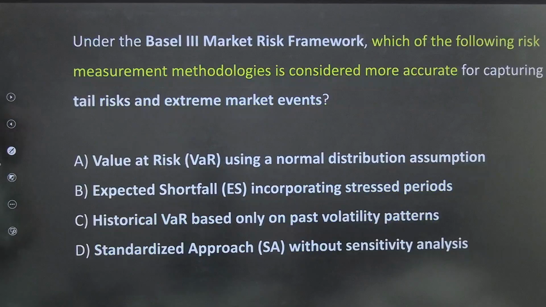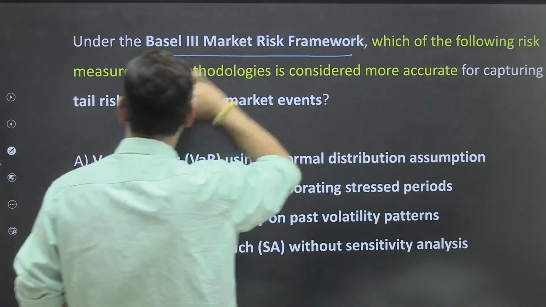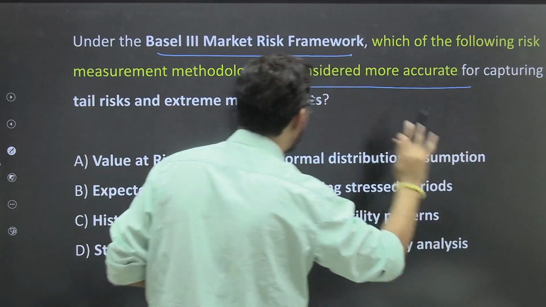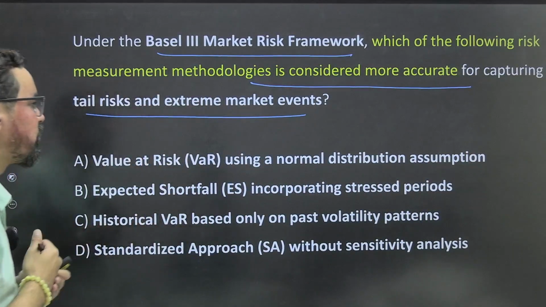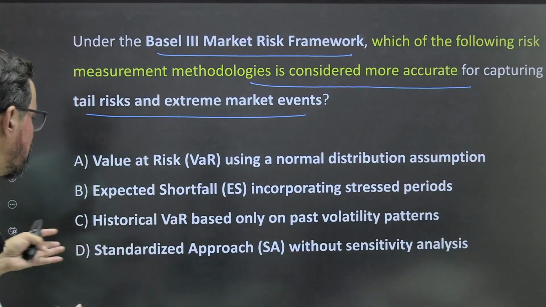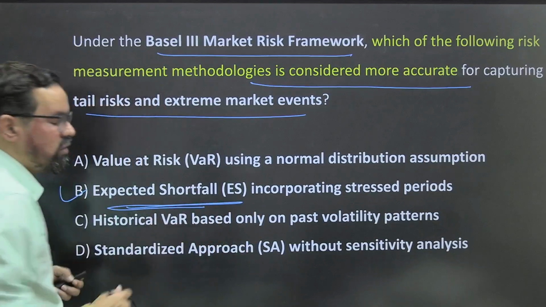Next one. Under the Basel III market framework, which of the following risk measurement methodologies is considered more accurate for capturing tail risk and extreme market events using VAR itself? So what will we use? Expected shortfall. This is a kind of extended VAR.